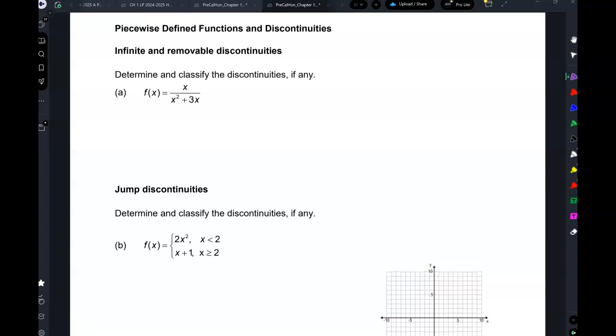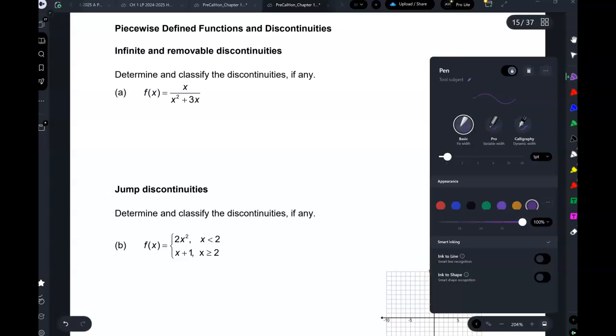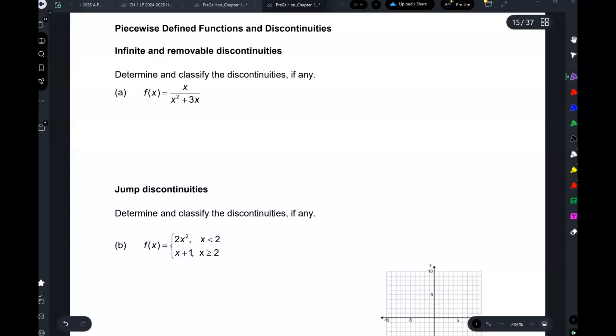Determine and classify the discontinuities, if any. All right, so let's take a look at this one. So here I factor, right? Is this continuous? No, right?